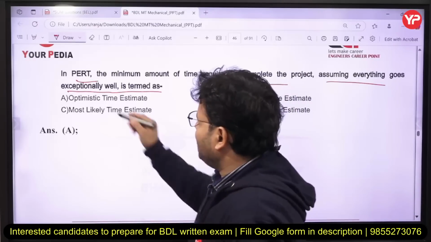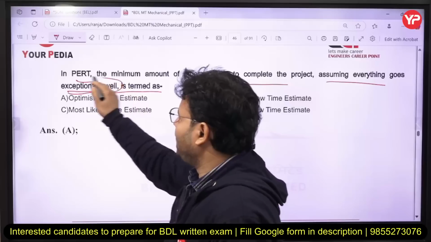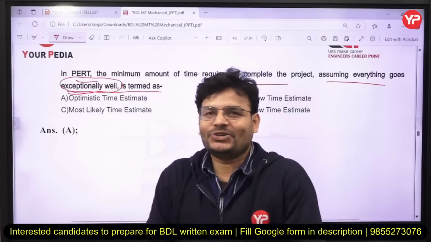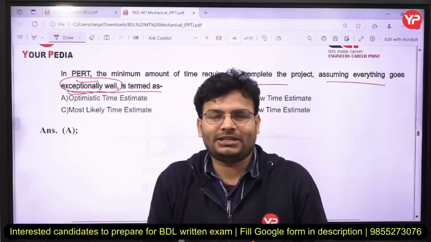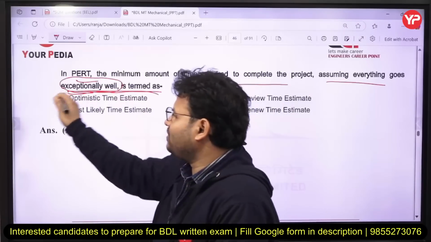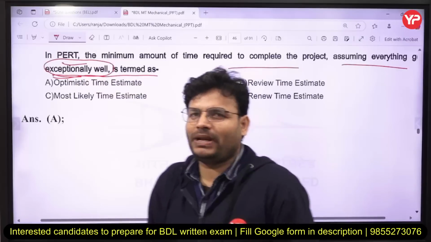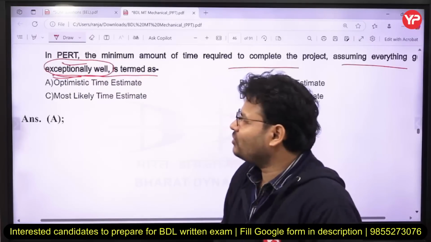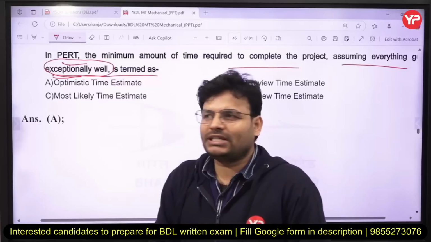Here everything goes according to the plan, right? Whatever you have planned, everything is running like that. So obviously that is the minimum amount of time that we can say. And this is known as what? Optimistic time. That means everything is going according to plan, nothing is wrong. That type of time is known as optimistic time estimation.